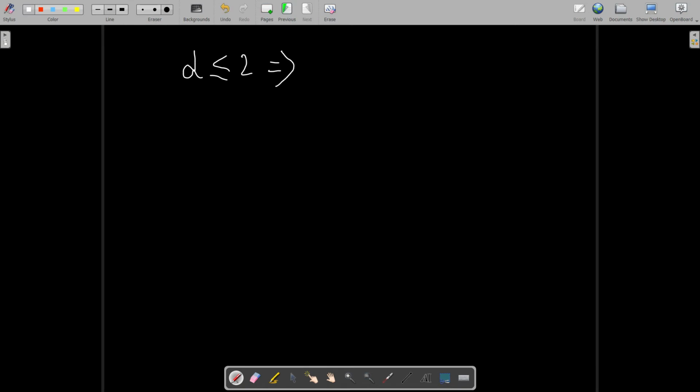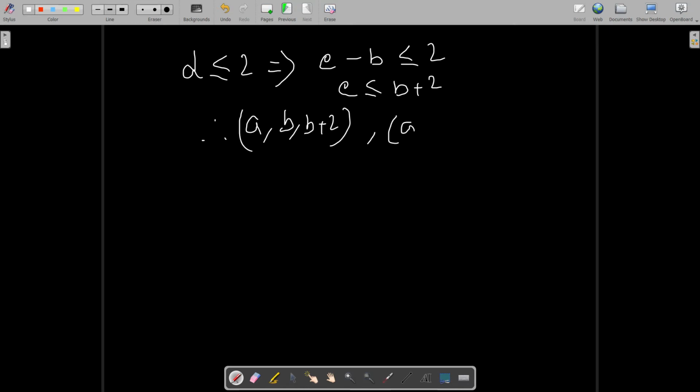This should imply c minus b is less than or equal to 2, or we can say c is less than or equal to b plus 2. So basically we can only have triplets of the form a, b, b plus 2 and a, b, b plus 1, right? Okay, so that nearly suffices it.